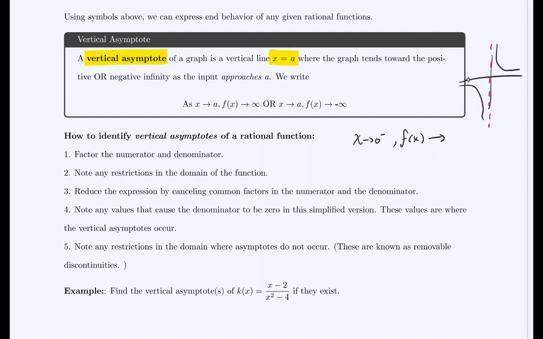Notice as x gets closer to 0 from the left, the output values get farther and farther negative, so we would say it approaches negative infinity. And as x approaches 0 from the right, f of x approaches, I'll give you a second to write in what you think is here. As we approach 0 from the right, the output values are getting larger and larger, so they're going to positive infinity.